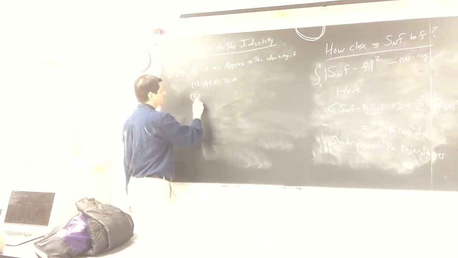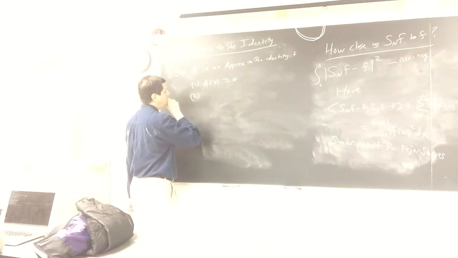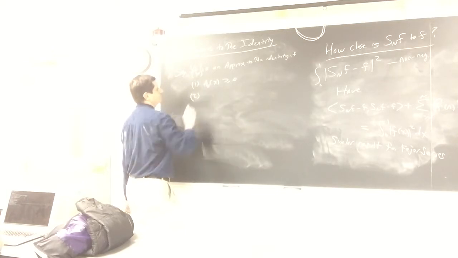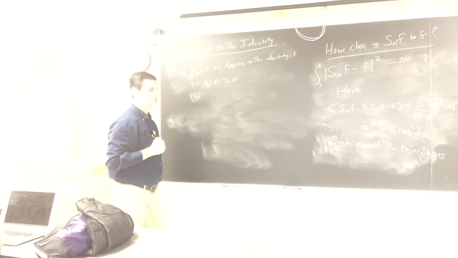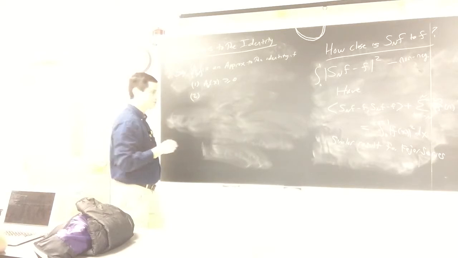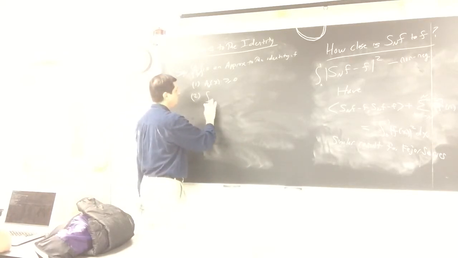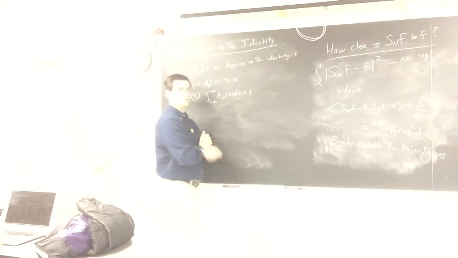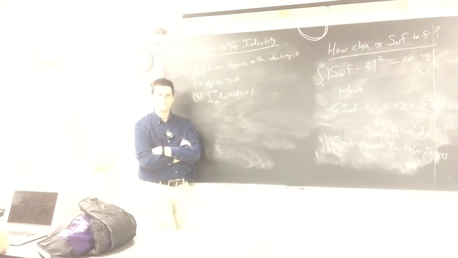A_n of x is greater than or equal to 0. Actually, we'll do a sequence of functions. A_n of x will be an approximation if each one of them is greater than or equal to 0, and for each one, the integral from minus infinity to infinity of a_n of x dx equals 1. So they always integrate to 1.